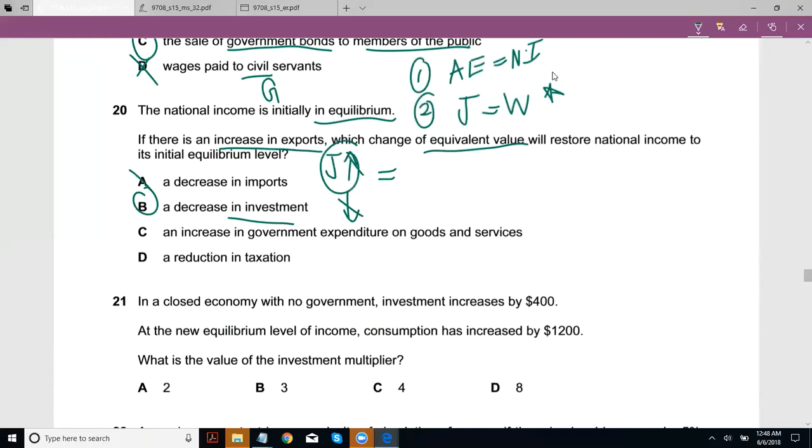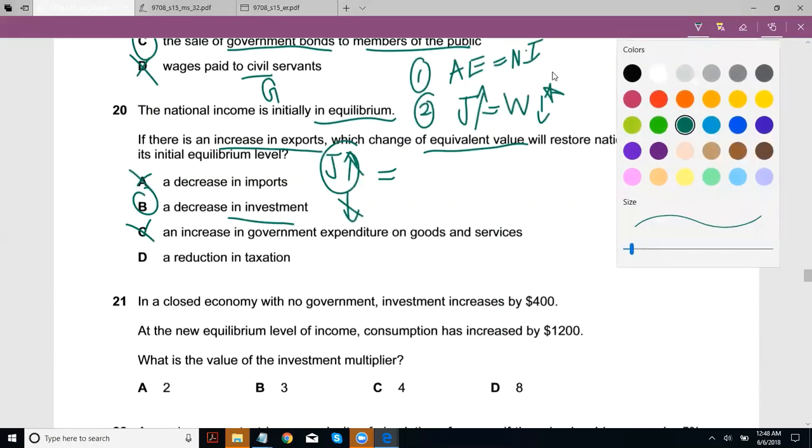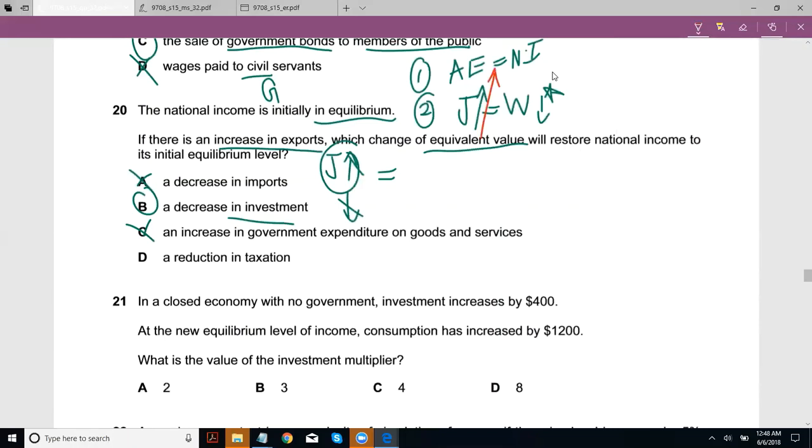On the other hand, a decrease in imports means withdrawals go down, which doesn't make sense, because then one thing is increasing, the other thing is going down. It's definitely not in equilibrium. If you increase government expenditure, that doesn't help either, because then injections go up even more, so even more disequilibrium. If you reduce tax, then again withdrawals go down, so that doesn't help either. So 20 is B, and let's quickly check our answers for these 10 MCQs.